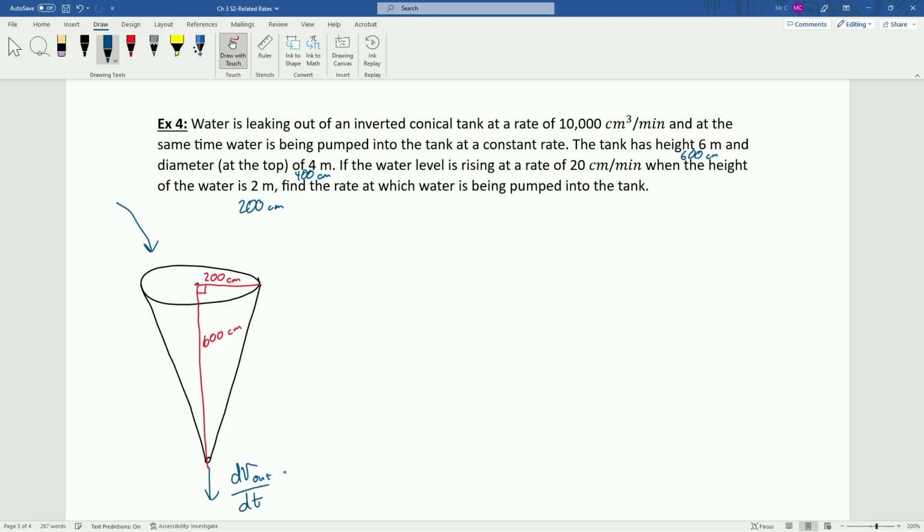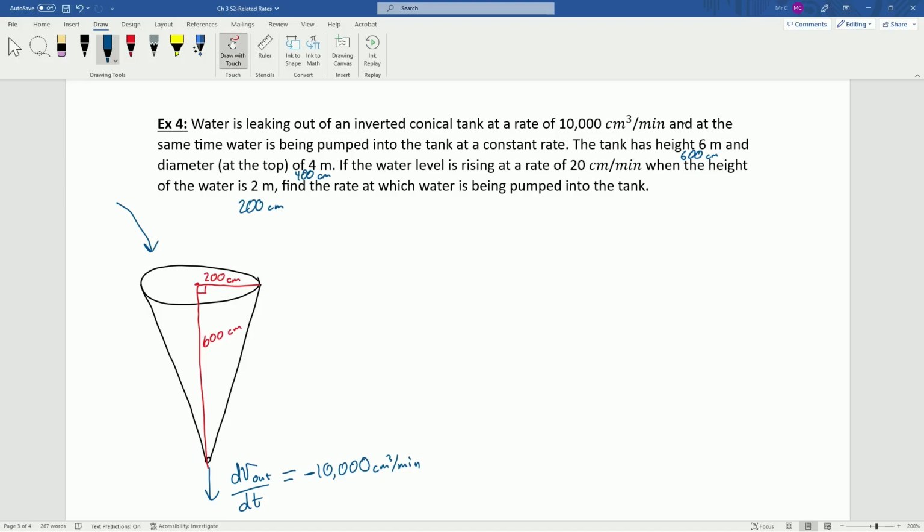This is just how much is going out, and that's going to be 10,000 centimeters cubed per minute. But you might want to think of this as a negative, right? The rate of change is negative here because we're losing volume from the cone.